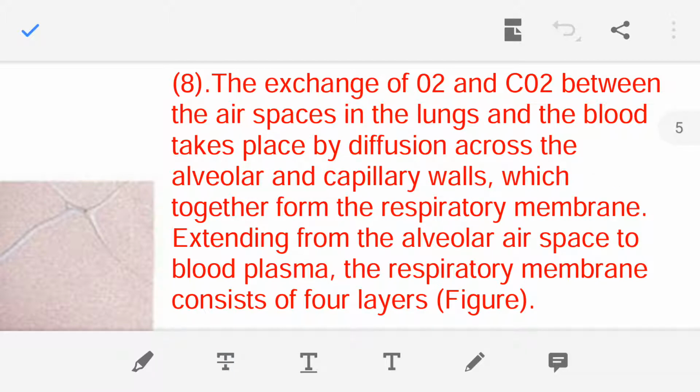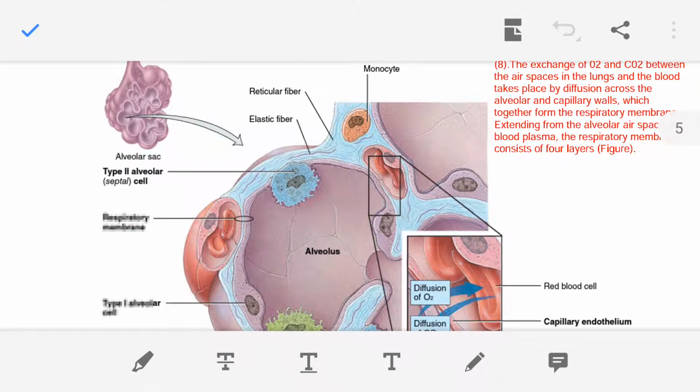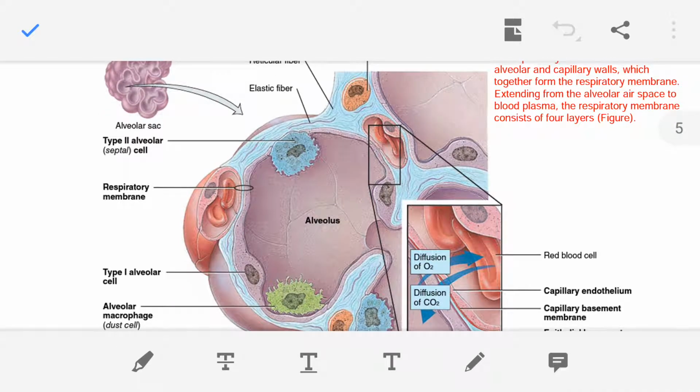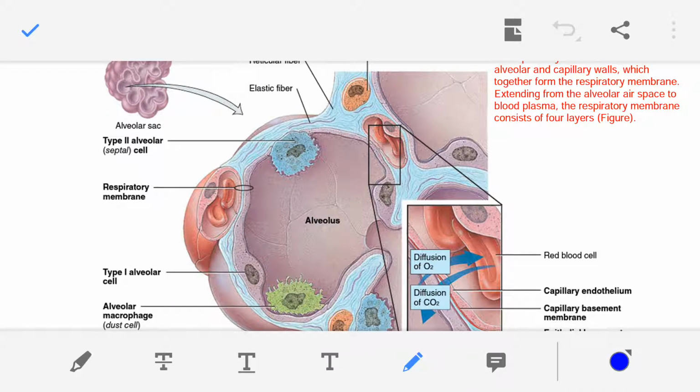See here, this is the space of the alveolus, and here oxygen is present, and the capillary blood is rich in CO2.